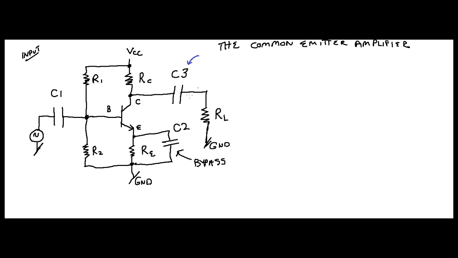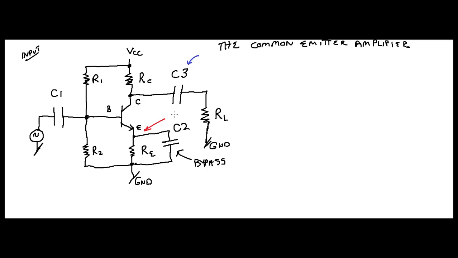So when we talk about the emitter, we're talking right here, right? The emitter. The emitter is common to both the input and the output, okay? That's very important to remember, or to know, because they have a common collector amplifier as well, right?